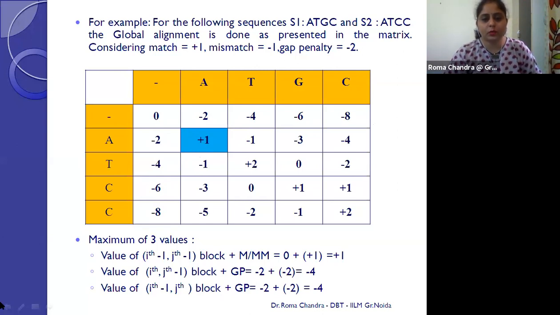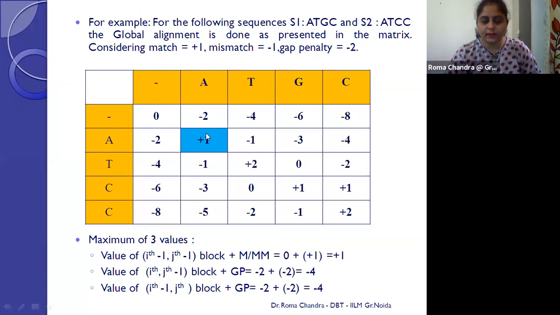I told you I need to take the maximum of three values. The value in this block, plus, if it is a match, I'll add the match value; if mismatch, I'll add the mismatch value. So the block at i minus 1, j minus 1 has value 0, so I kept the value 0 here.